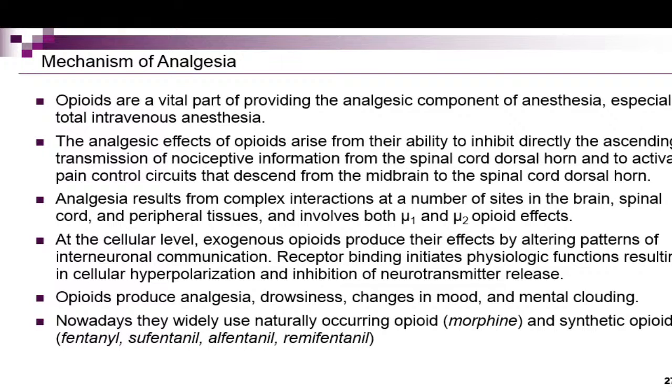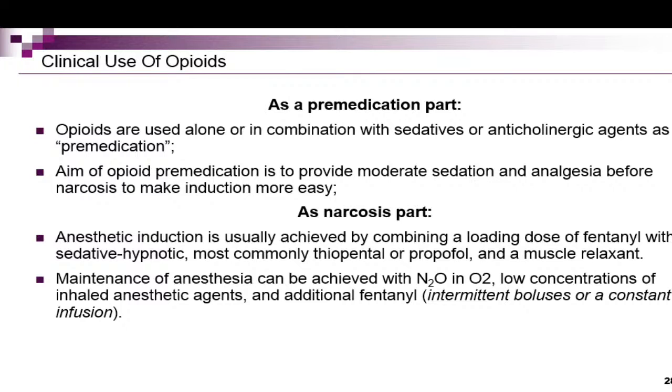The strongest drugs are synthetic opioids. They produce a very good analgesic effect. For example, fentanyl has an effect 400 times more than morphine. It's a very strong drug and suppresses very strong pain stimuli.